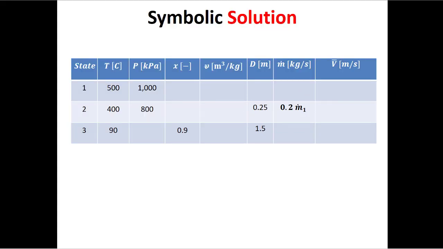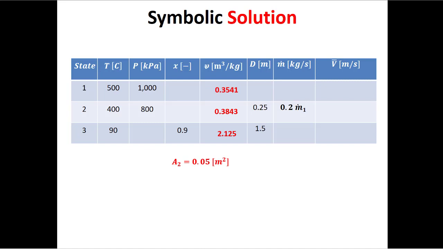Now, I'm not going to go through the table lookups with you here, but state 1 and state 2 are both superheated vapors. You can double check my work in your textbook if you like. But I found that the specific volume at state 1 was 0.354 meters cubed per kilogram, that the specific volume at state 2 was 0.384 meters cubed per kilogram, and that the specific volume at state 3 was 2.125 meters cubed per kilogram.